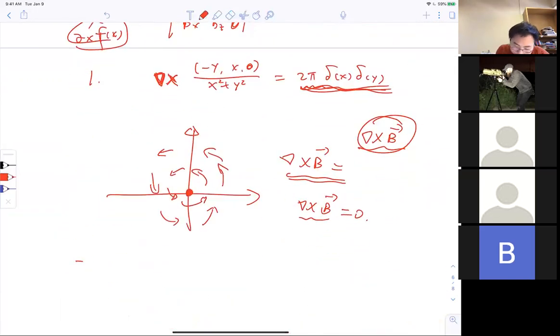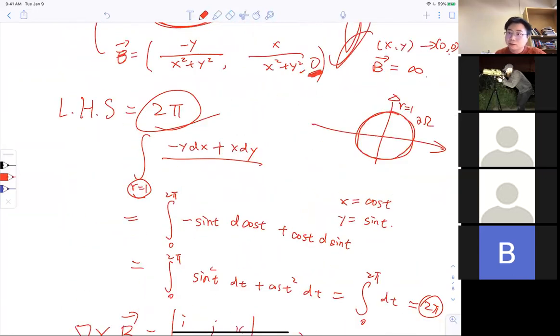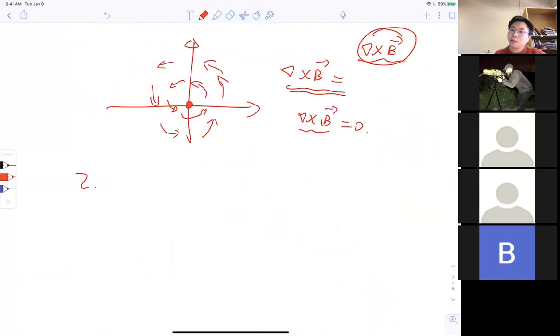Another way people usually say it is that the Stokes theorem only applies when the region is simply connected. Very roughly speaking, that means there's no singularity.